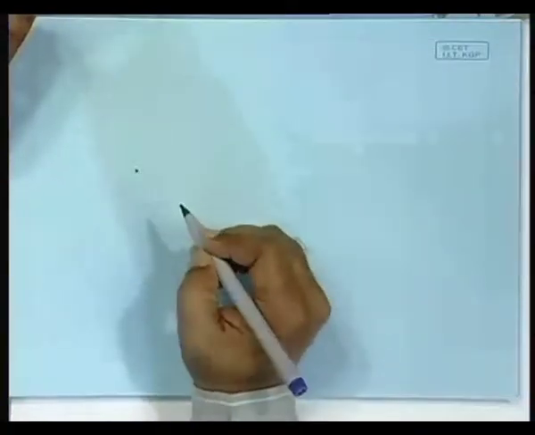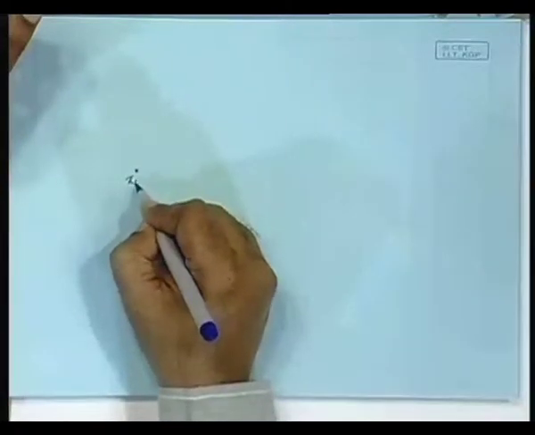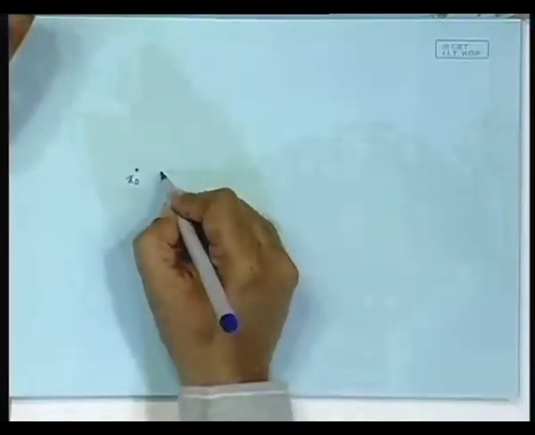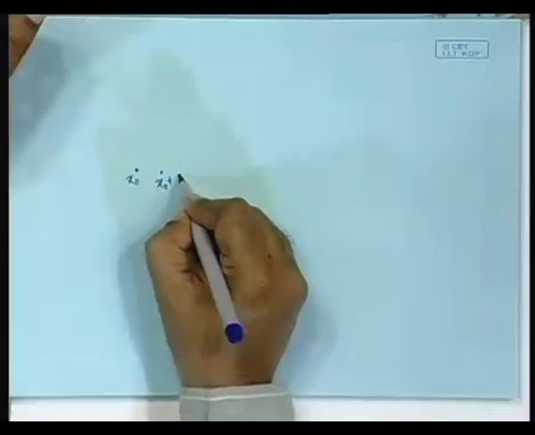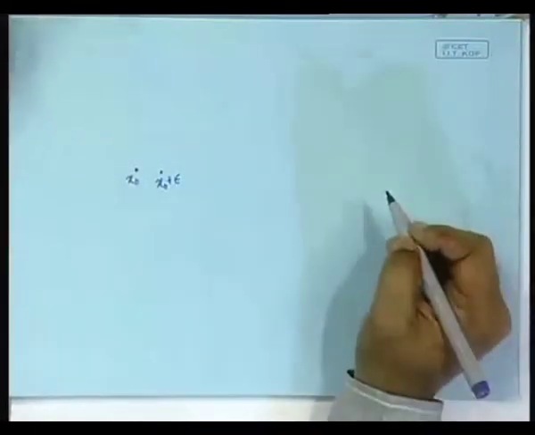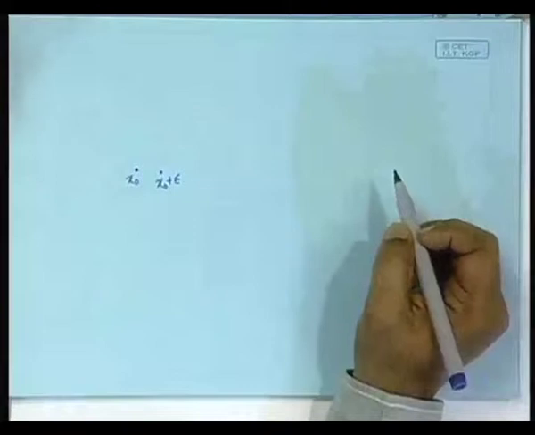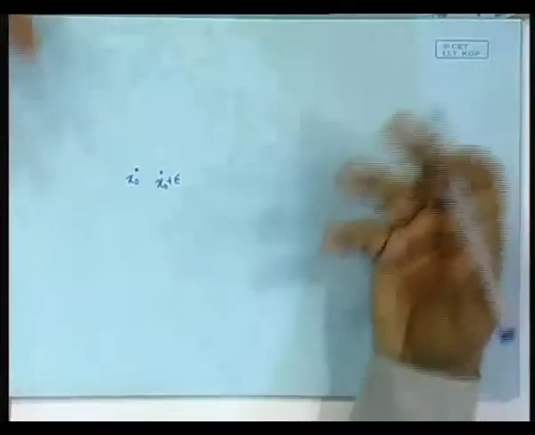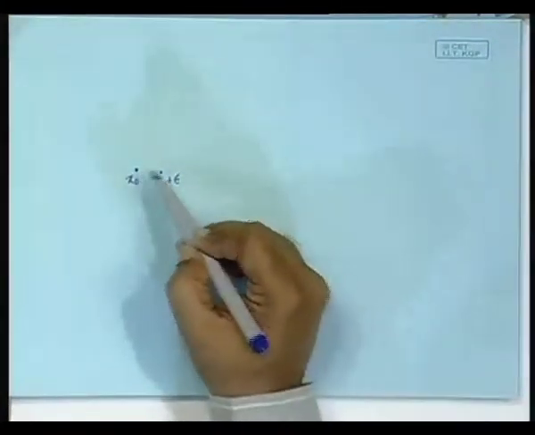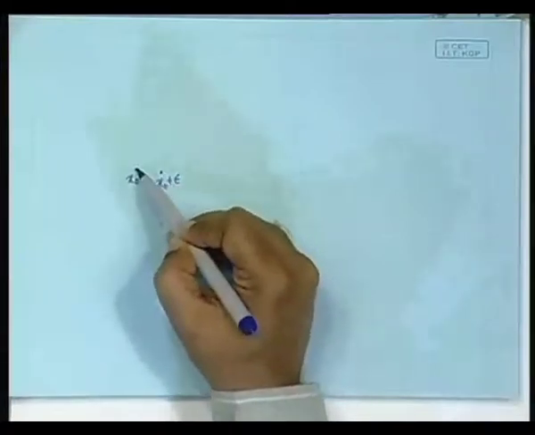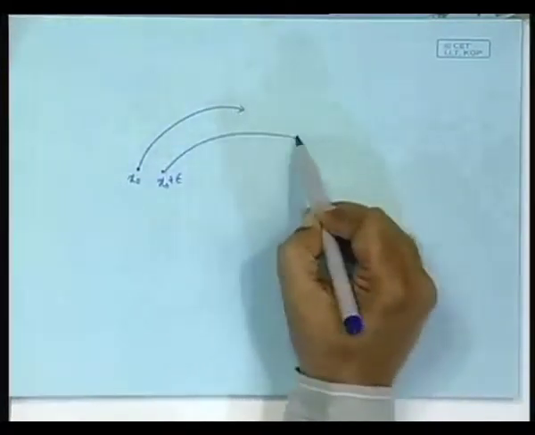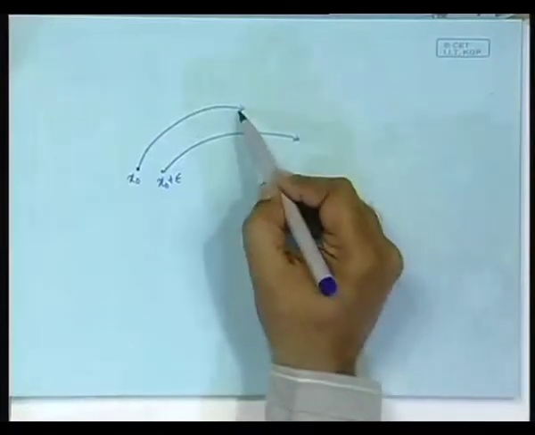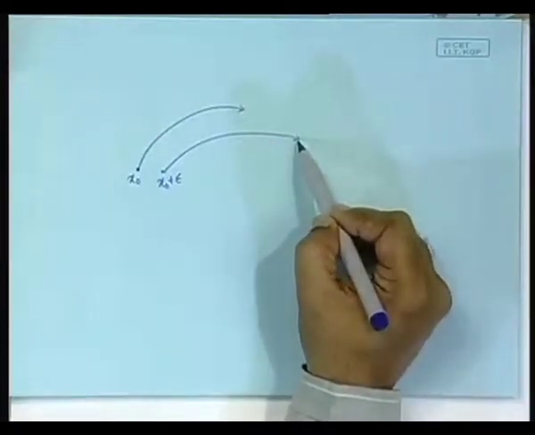Now when we consider maps, essentially we will again talk about a point, say x naught, and another point, say x naught plus some small number epsilon. And then in the next iterate, if you apply the map to both these points, they will map to two different places, and their separation is expected to increase.